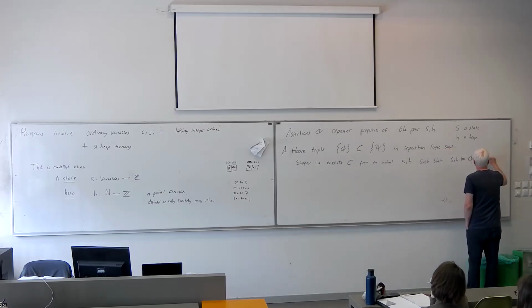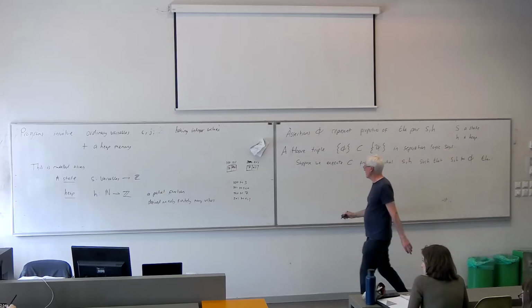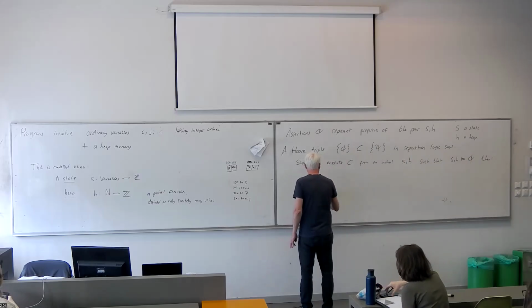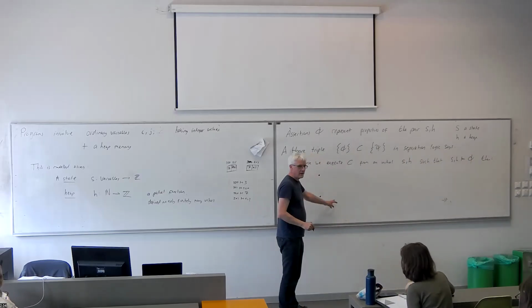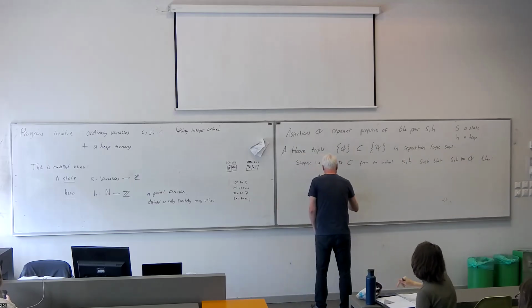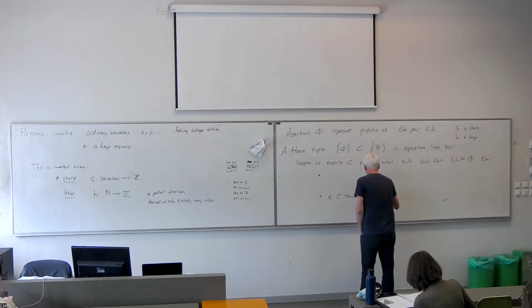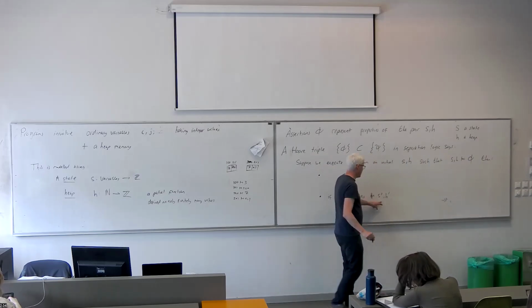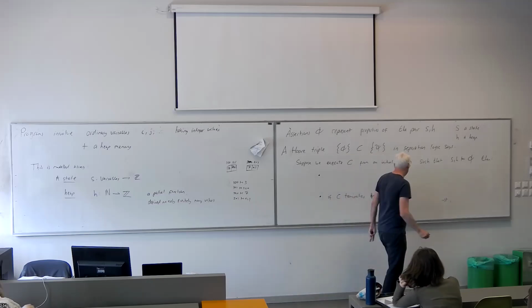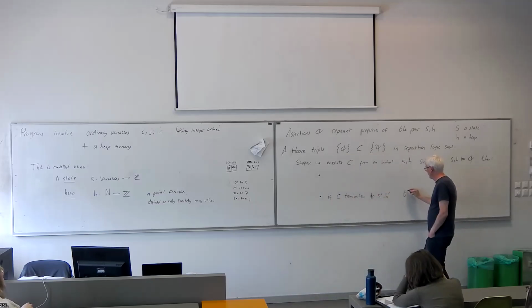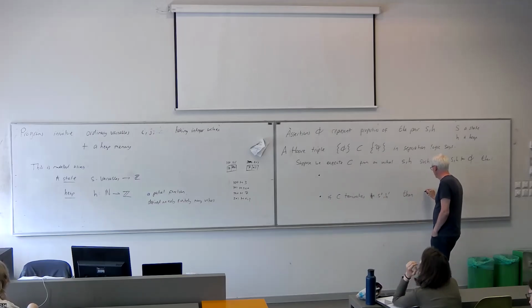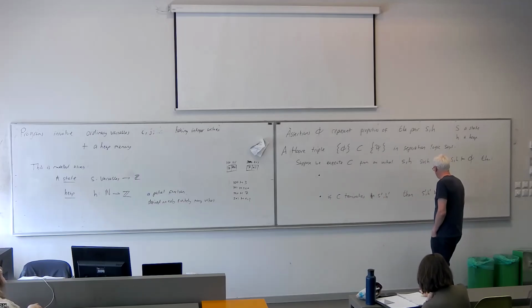Then we're going to do the partial correctness assertion. The partial correctness says, if C terminates in a state heap combination S prime, H prime, then the postcondition psi is true in the state heap combination.